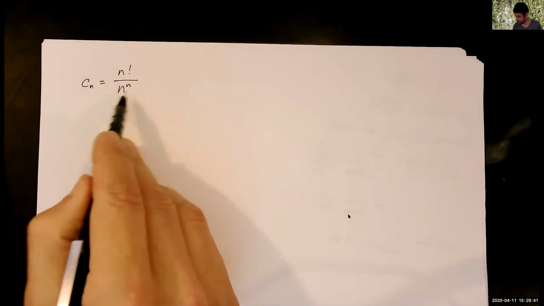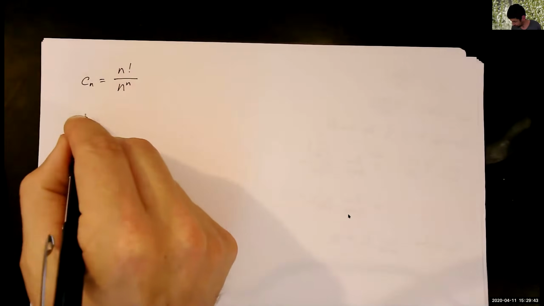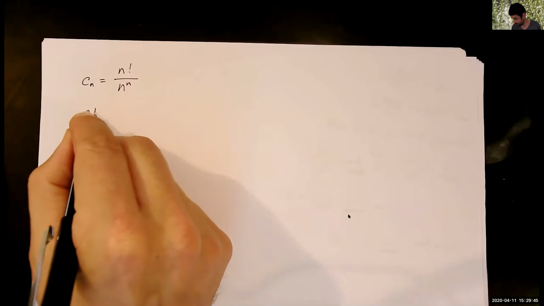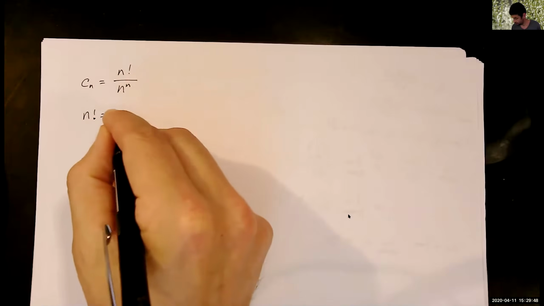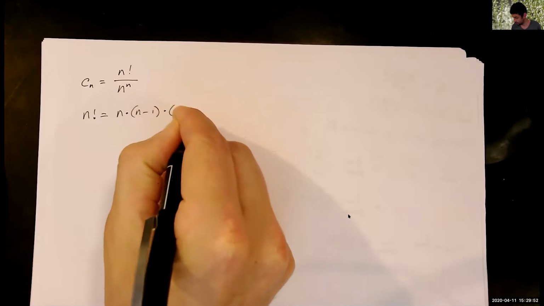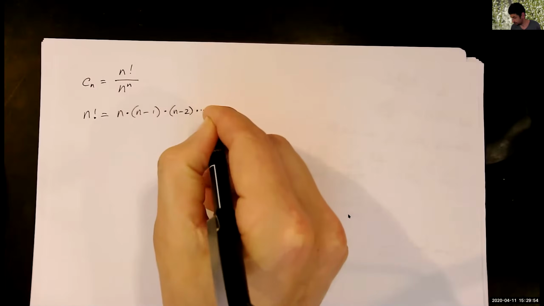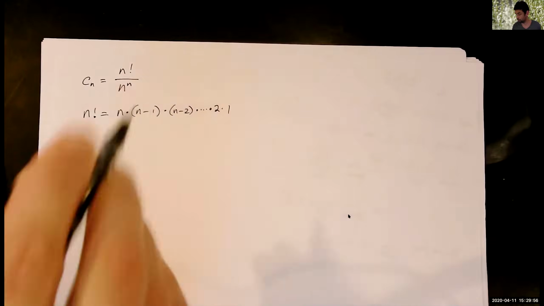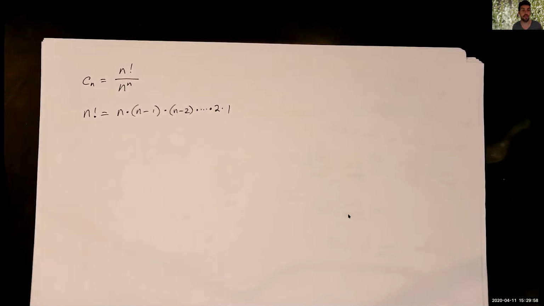But let's think about what this thing is. So first of all, let me remind you what n factorial means. This is n times n minus 1 times n minus 2, on and on and on, times 2 times 1. So factorial just means you take that integer and you multiply it by every integer lower than it down to 1.